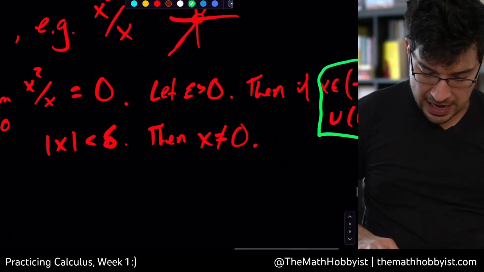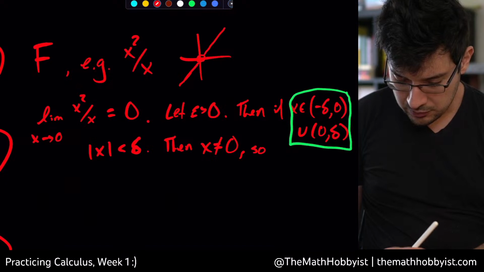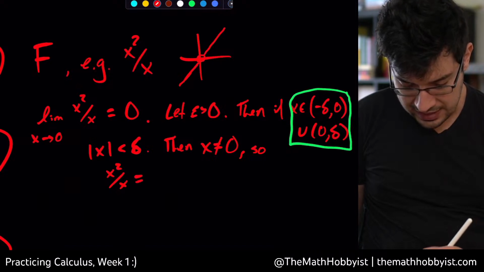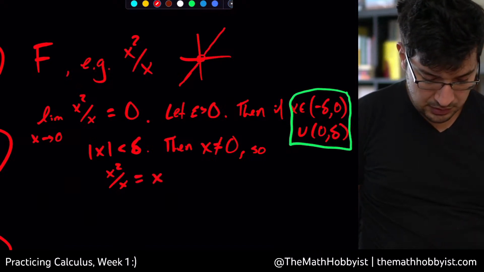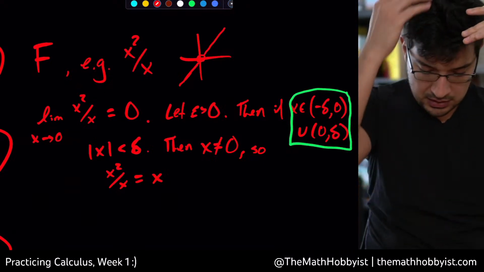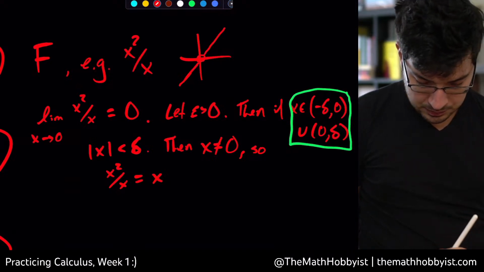So we know x is not 0, so x squared over x we can say is equal to x. We are allowed to simplify this function because x is not 0.